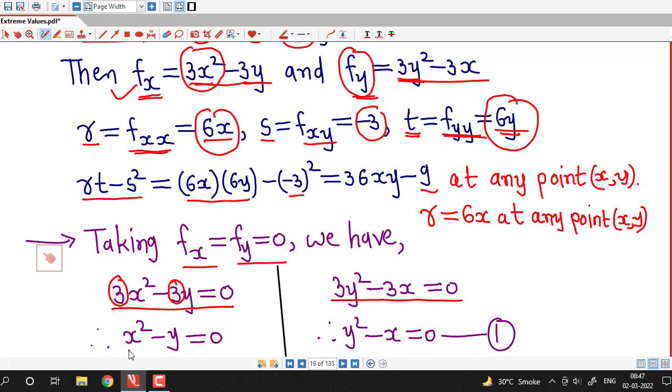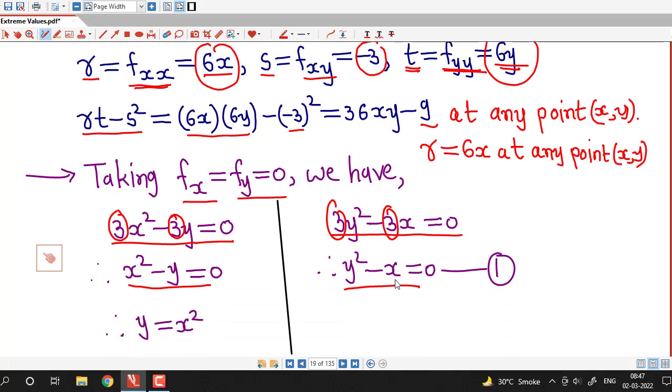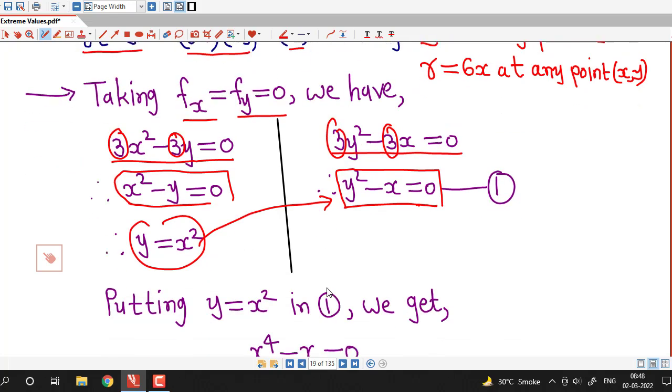So here we have x square minus y equal to 0, and here y square minus x equal to 0. This we can rewrite as y equal to x square, and we keep y square minus x equal to 0 as it is.